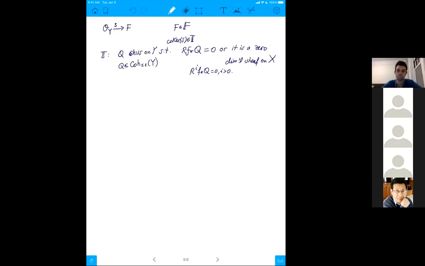Similarly, F will be sheaves, so coherent sheaves of support of dimension at most 1 on Y. Less or equal than 1, Q, or less or equal than 0?